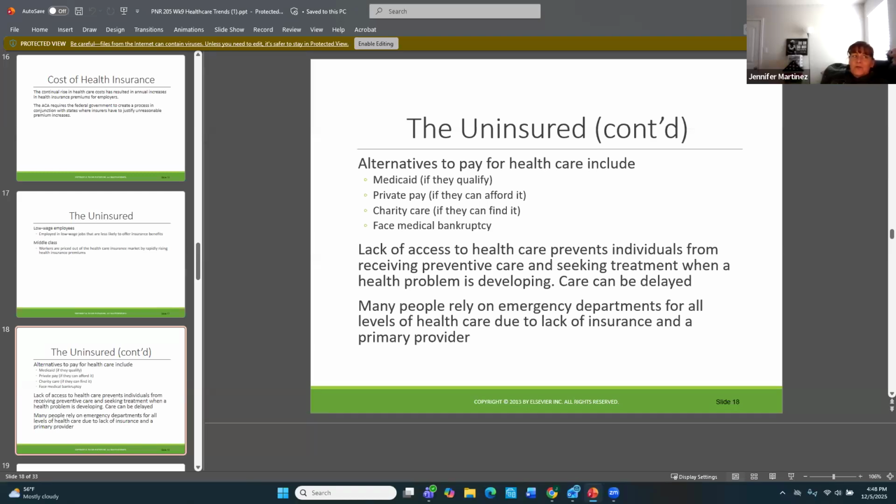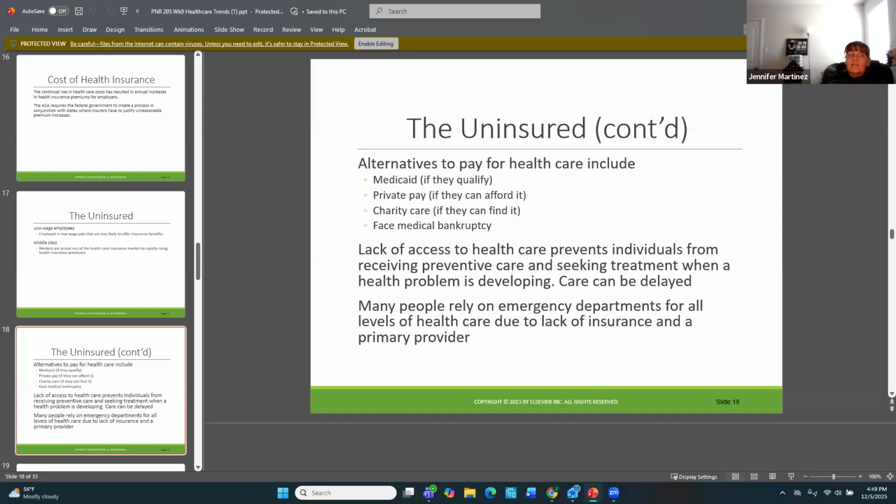And so, looking at the uninsured, again, we don't have access to healthcare. We don't get preventative care, right? We're not getting our immunizations. We're not getting our mammograms, our pap smears, our prostate exams. And we know that early detection leads to early treatment, leads to better outcomes. If we're not getting that, we find diseases in their later stages, which can have more detrimental outcomes.